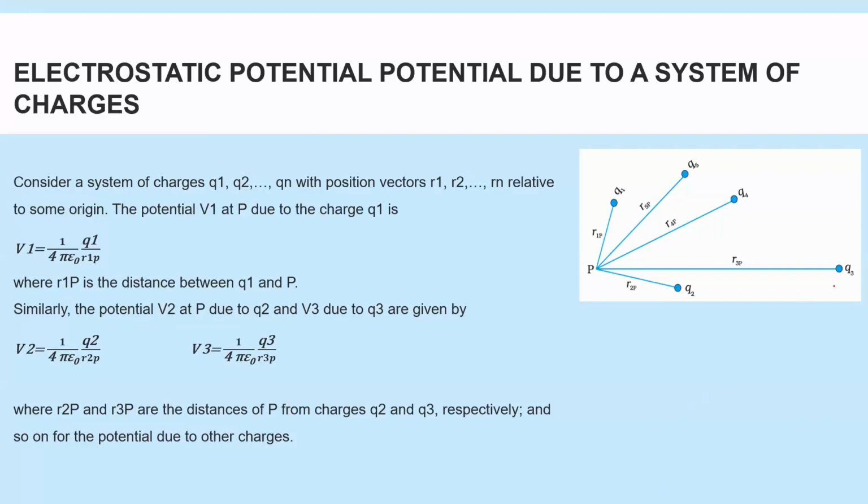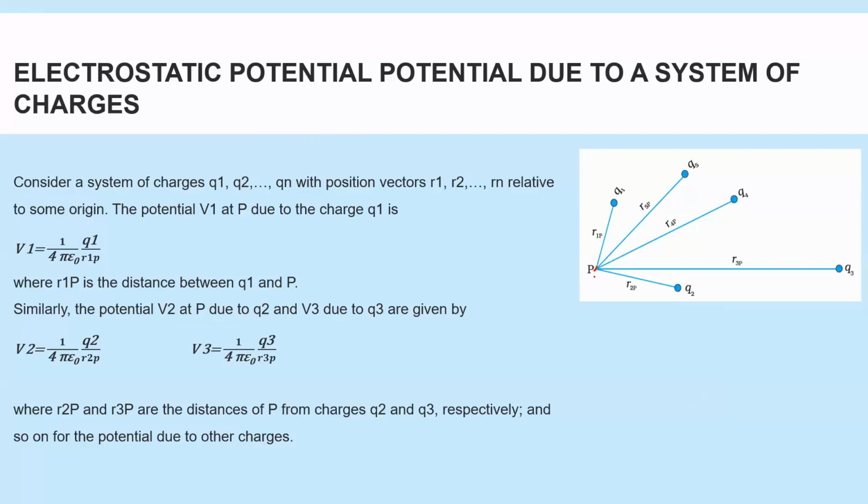System of charges: there is going to be an electric field due to the presence of all these 5 charges over here. Each of the charges is at a different distance from the point P, where we are trying to find the electrostatic potential.